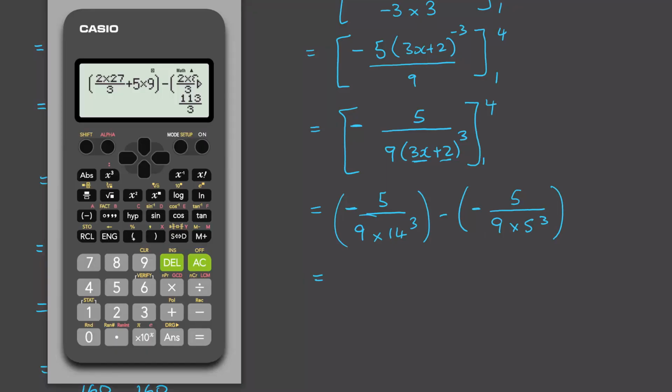So what have I got there? I have got a negative to start with, and I've got 5 over 9 times 14 cubed.